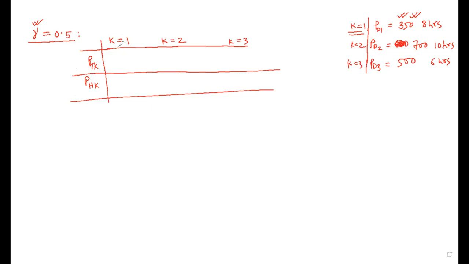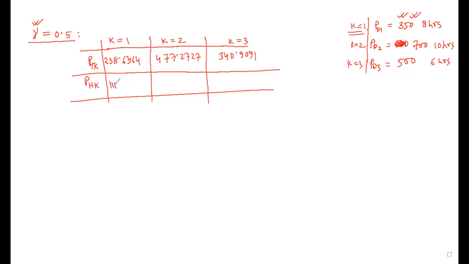The calculated values, as per the book, are PTK: 238.6364 for K equals 1, 477.2727 for K equals 2, and 340.9091 for K equals 3.